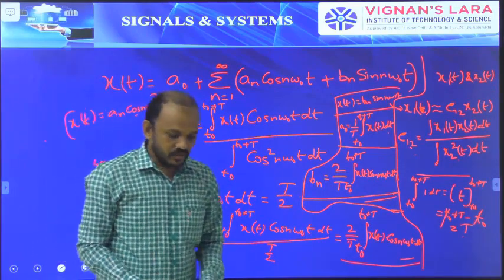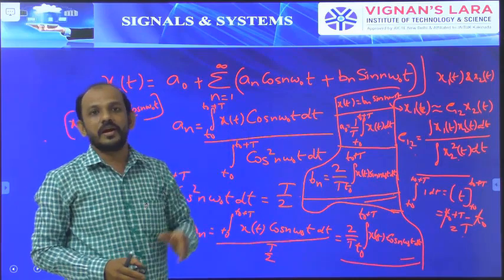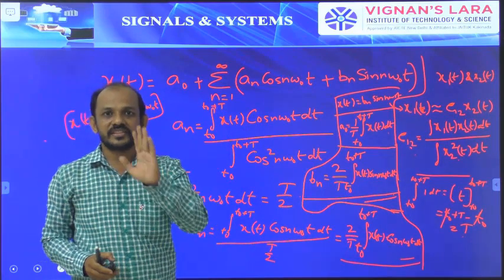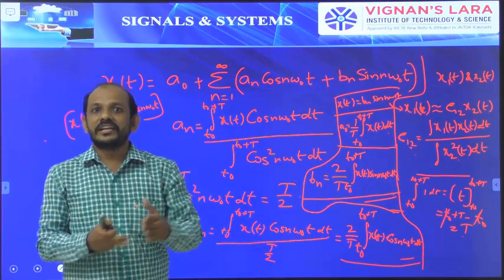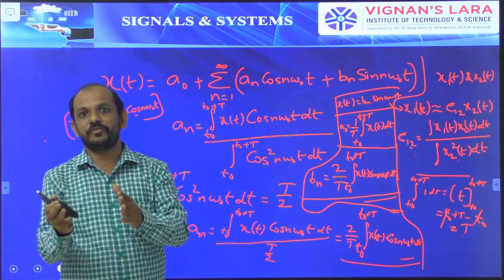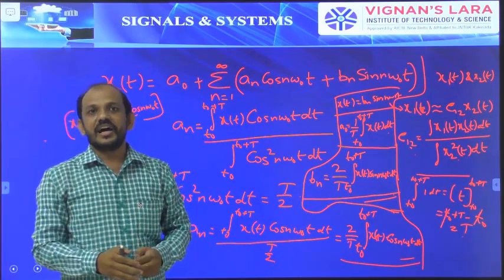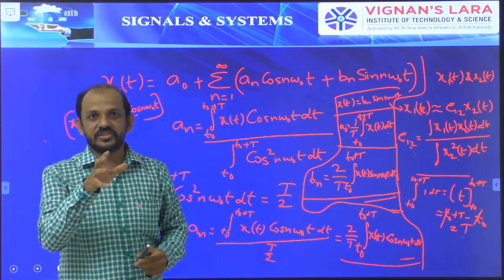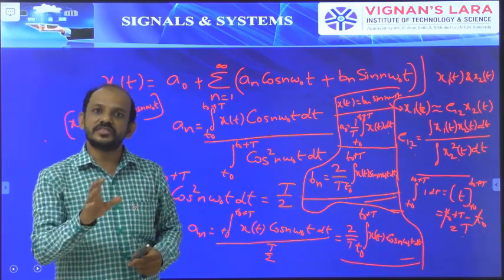Okay, so I will go for the summary of this class. In this class I explained the trigonometric Fourier series, which is in terms of an infinite sum of sines and cosines. I considered a complete set of orthogonal functions in sines and cosines, and using that I represented a function x(t) by a linear combination of all those signals.